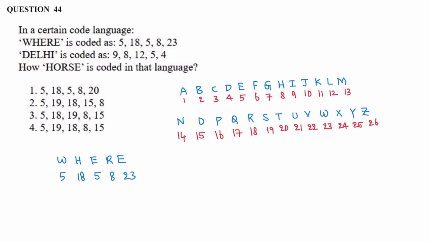Generally W is 23, H is 8, E is 5, R is 18, and then E is 5. It is coded in reverse direction. Here the code sequence is coded in reverse direction.